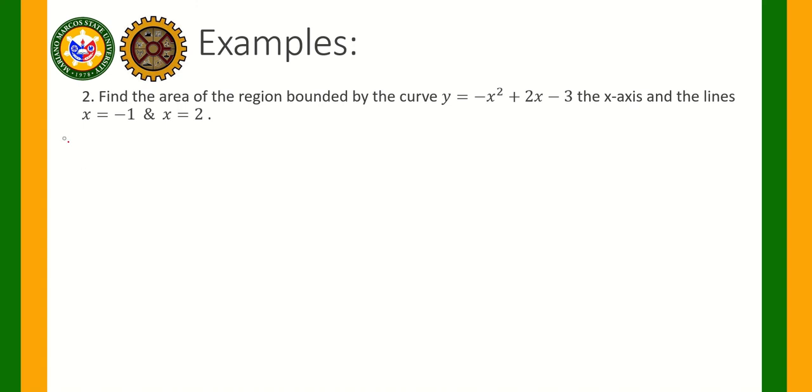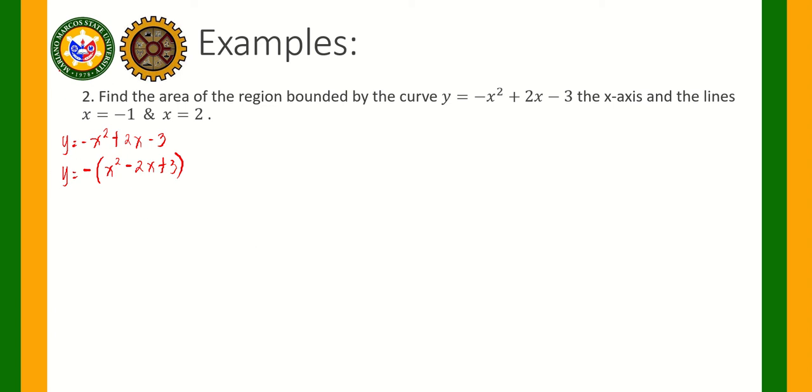That is y is equal to negative x squared plus 2x minus 3. So, we try to factor out si negative. So, this will be equal to negative times x squared minus 2x plus 3. Okay? And then, when we try to eliminate si negative dito, we divide both sides by negative, this will cancel.